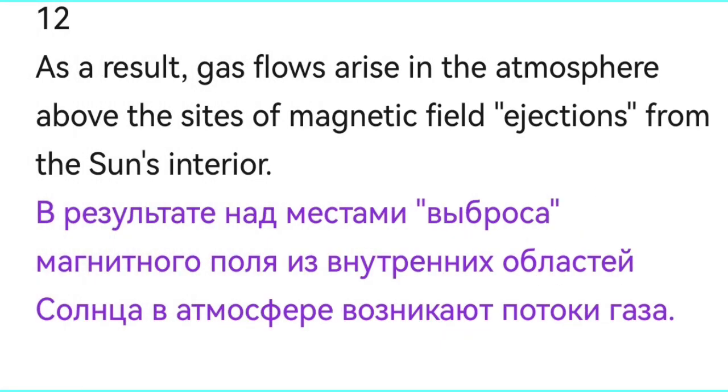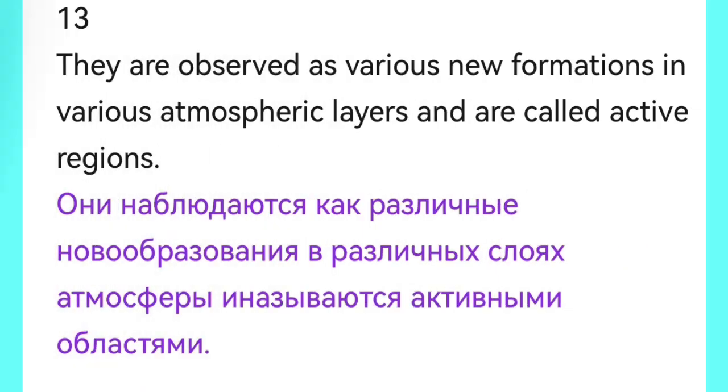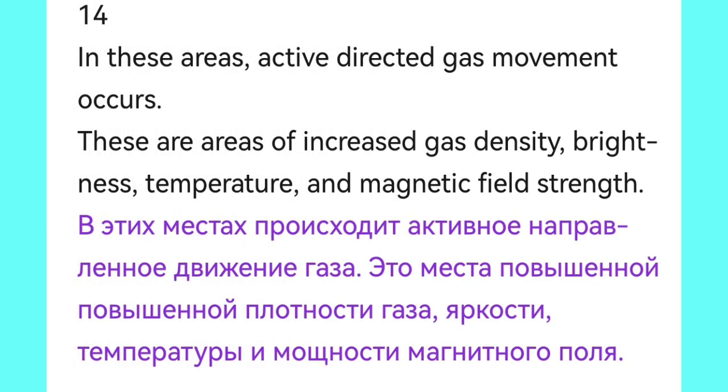As a result, gas flows arise in the atmosphere above the sites of magnetic field ejections from the sun's interior. They are observed as various new formations in various atmospheric layers and are called active regions. In these areas, active directed gas movement occurs.